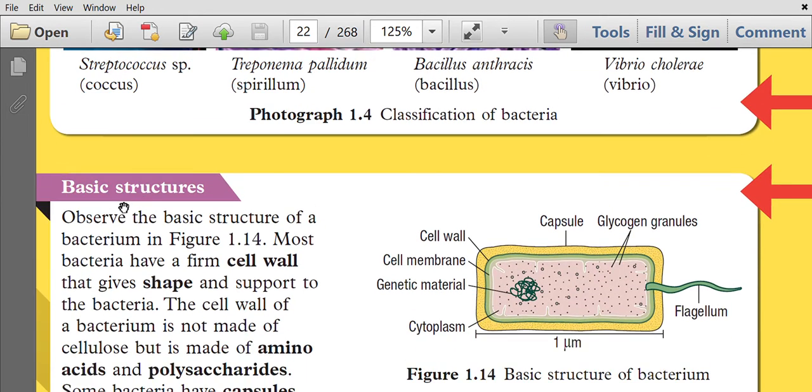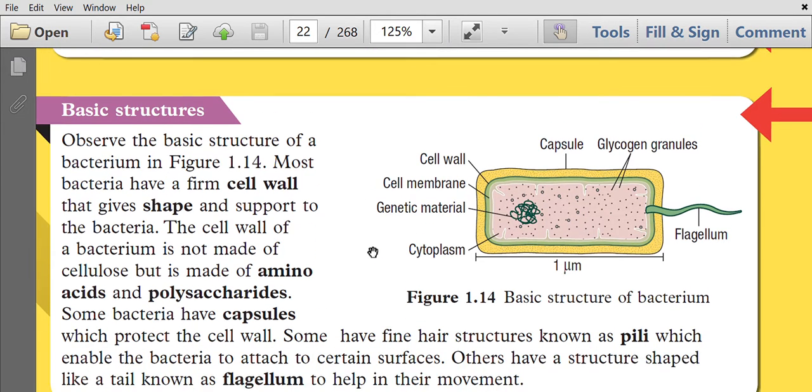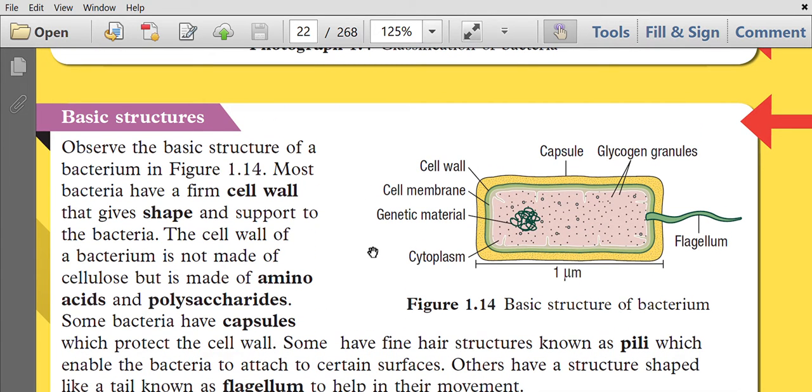Now let's look at the basic structure of bacteria. Look at figure 1.14. Now, observe the basic structure of a bacterium in figure 1.14, this figure here. Most bacteria have a firm cell wall that gives shape and support to the bacteria.